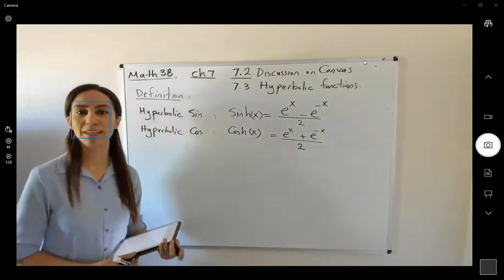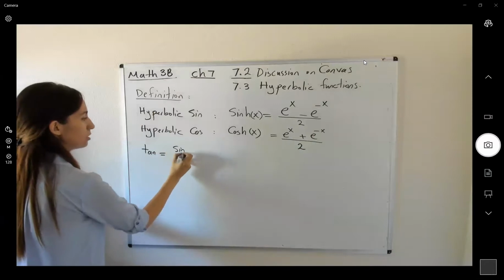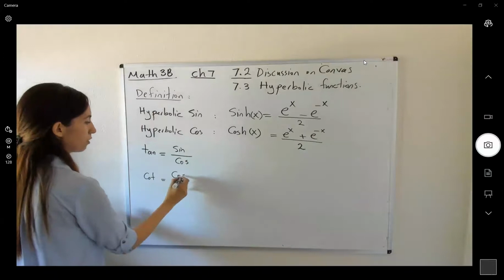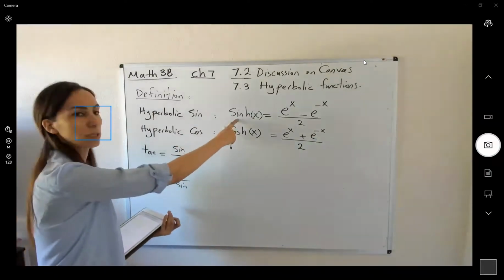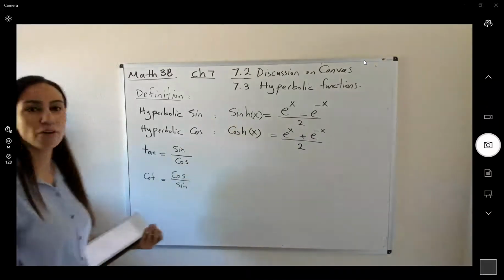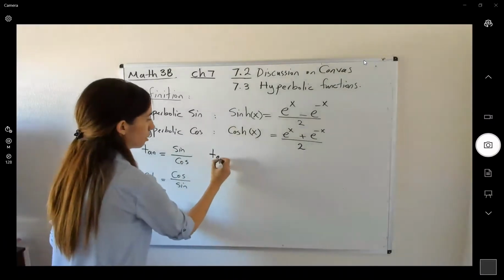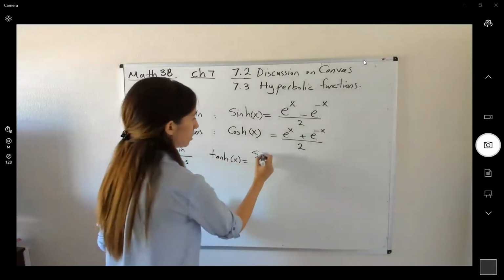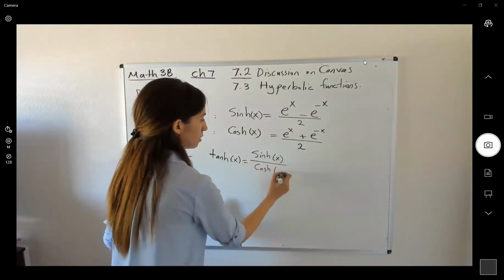Very well, remember how we define tangent. Tangent is equal to sine over cosine, and cotangent is defined as cosine over sine. So by dividing hyperbolic sine and cosine, you can define your tangent and cotangent. Hyperbolic tangent is hyperbolic sine over hyperbolic cosine.